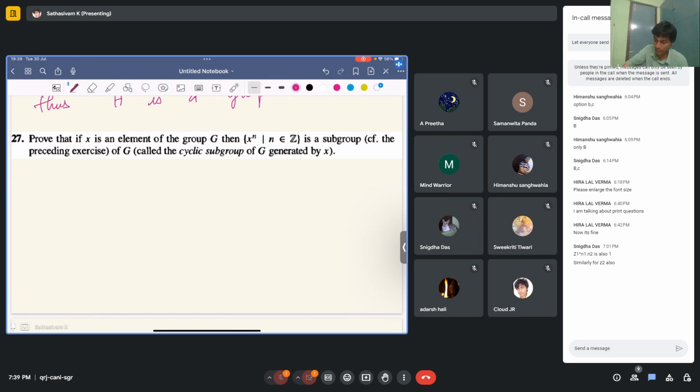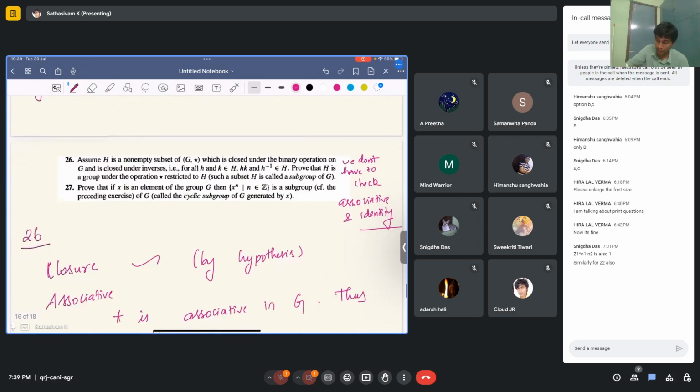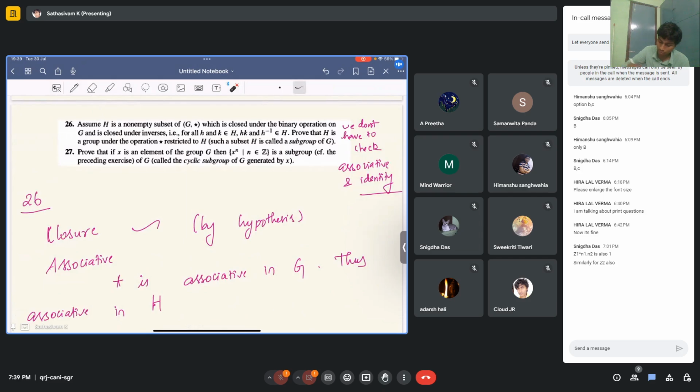So by the previous exercise, all we have to do is look at the previous exercise. It says in order to prove something is a subgroup, it's enough to prove that it is closed under the binary operation and the inversion, right? So let's just do that much.